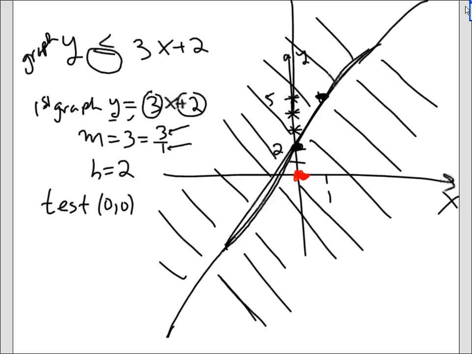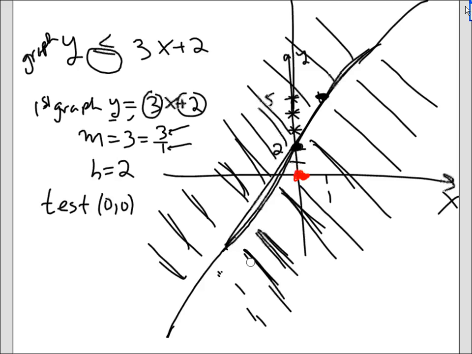Again, either it's all of these points and none of the points up here, or it's all of the points up here, but none of the points down there. So if (0, 0) is part of the answer, then I'll keep everything down here and erase everything above. If (0, 0) is not an answer, well then you better believe I'm going to erase everything down here and keep everything on top.